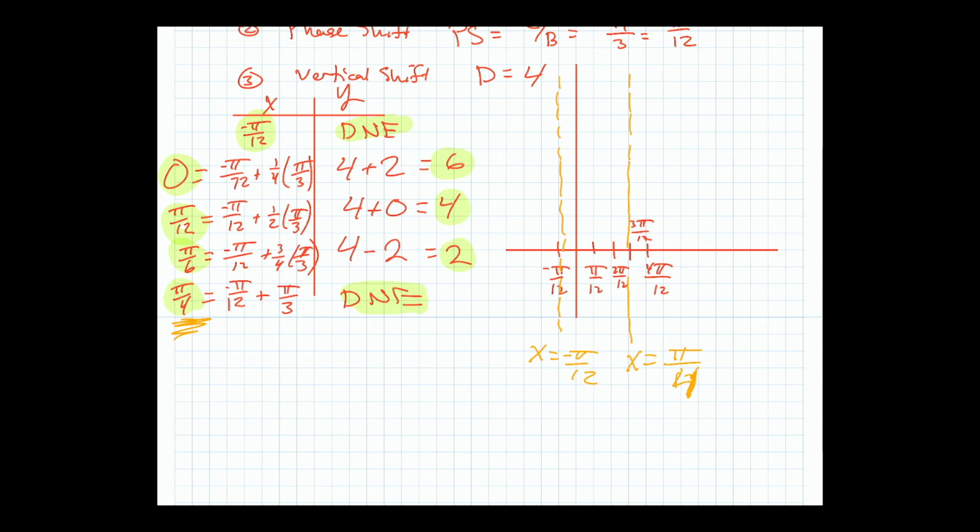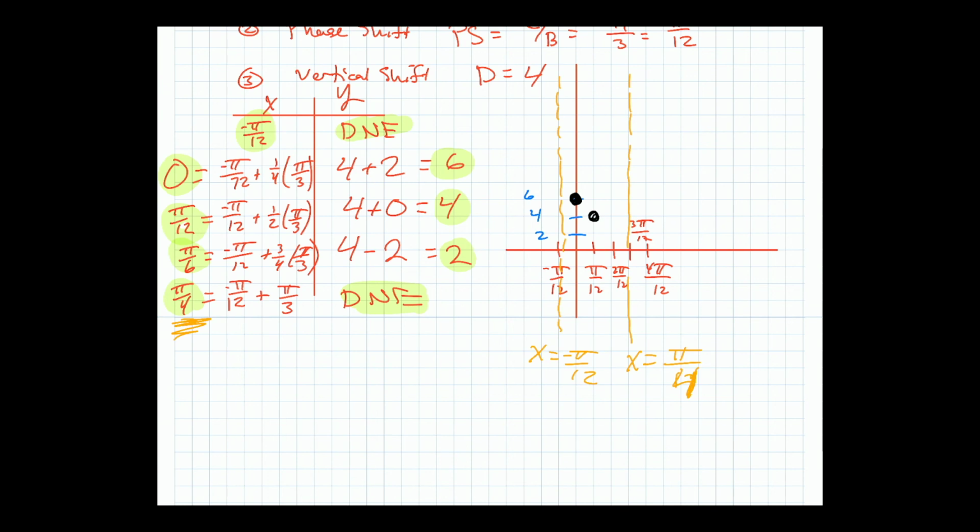Now in between, all we have are y values of 2, 6, and 4. So we need those in the right place. So let's see if we can do that. We need, let's call that 2, call that 4, and let's call that 6. Then what we've got for our graph is we've got 0, 6. So that's actually right here. Then we've got pi over 12, 4.